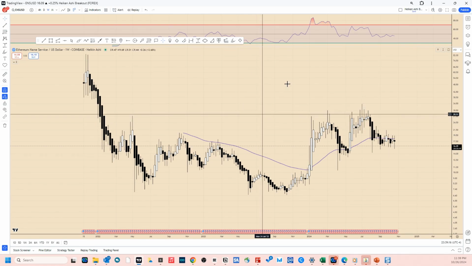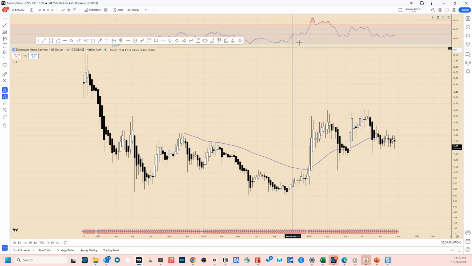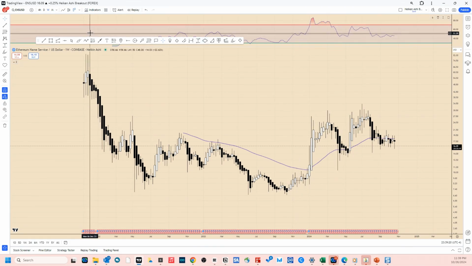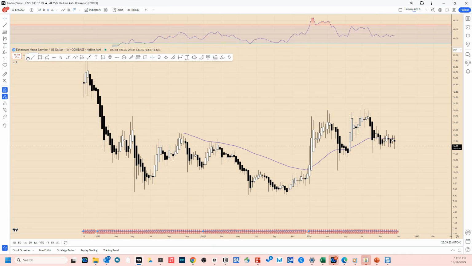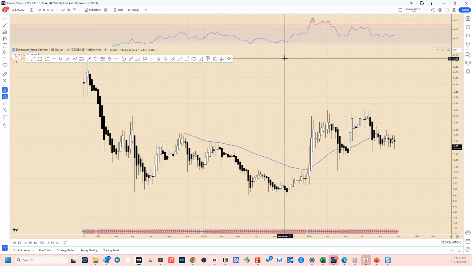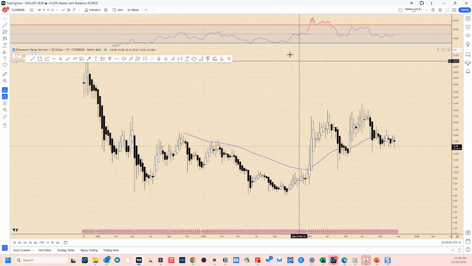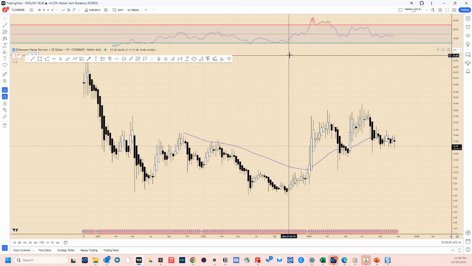In the top half of this screen here, you also see the RSI indicator, relative strength index. If you're unfamiliar with relative strength index, basically it tells when a certain asset is quote unquote oversold or overbought, and potentially you would do the opposite, which would be to sell when it's overbought or buy when it's oversold.